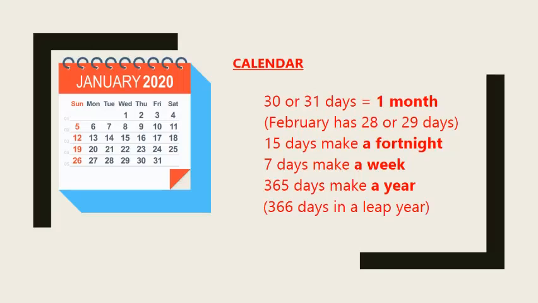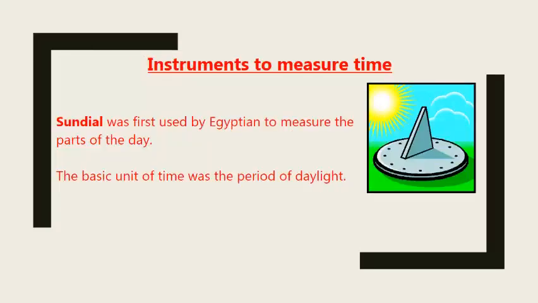Although time can be measured in various ways, we need certain instruments to measure it. Today, we are well advanced in technology, so we can easily measure time with different kinds of instruments. But how was time measured in olden times?